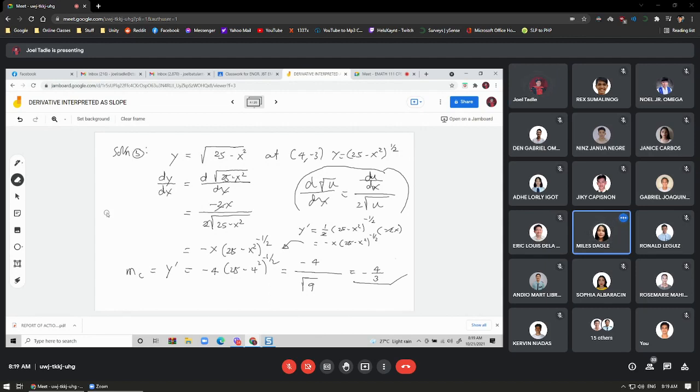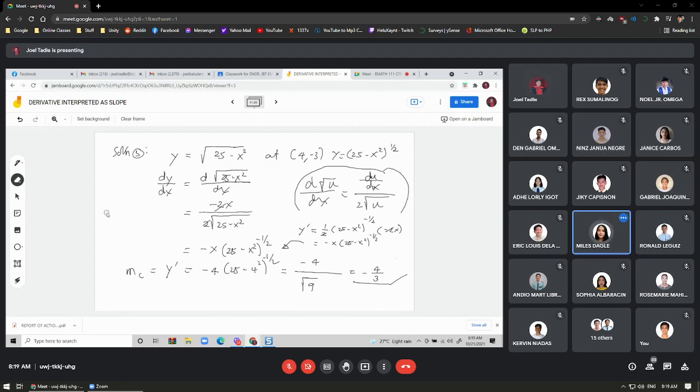Formula. So, kanang d square root of u, d square root of u over dx. So na i-substitute ang kanang square root of 25 minus x squared sa u. Yes. So kana para makuha ang derivative kay mao na ang kanang du over dx over 2 square root of u.